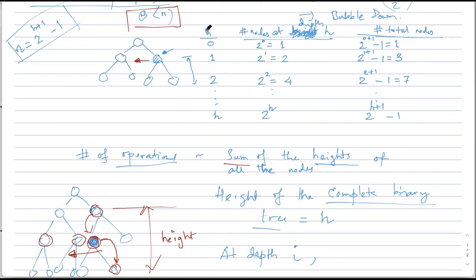Right, so this should have been D, because this is from the top. Really sorry. I hope I did not confuse you on this one. Because as I said, height is from the bottom, depth is from the top, okay? So let's just call this D. Okay, any question on this point first? Because we were looking from the top, right?